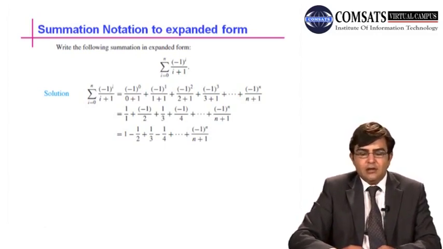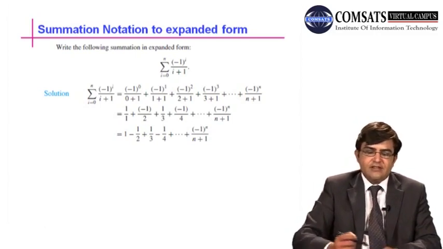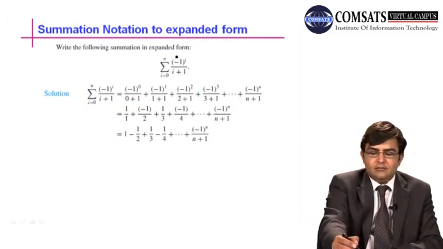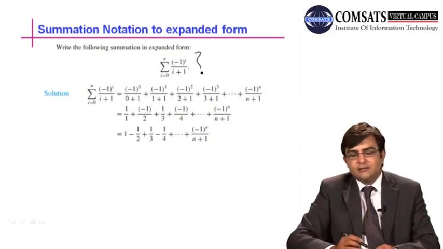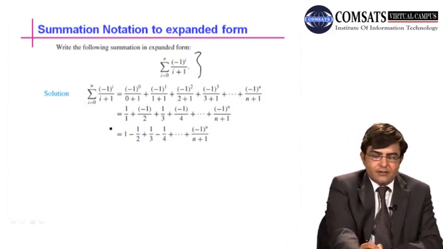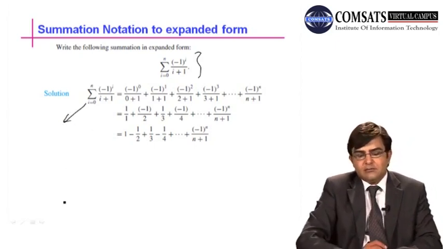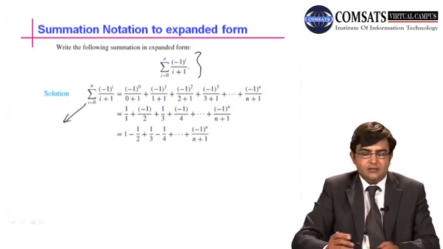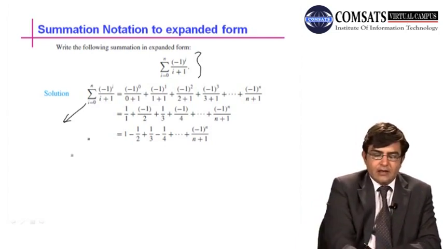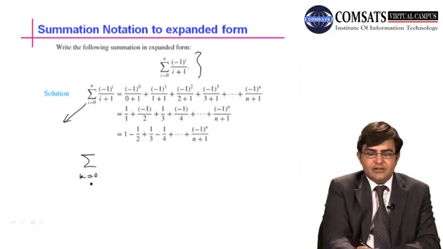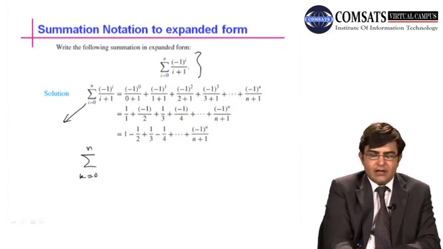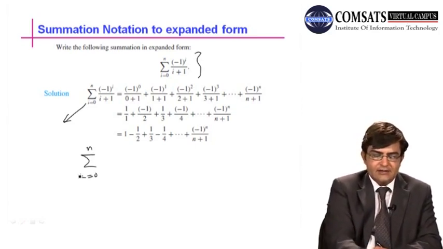This is another example of a summation, which is somewhat more difficult summation notation: summation with I from 0 to n of minus 1 power I over I plus 1. The index of a summation is not important, just as the index of a sequence is also not important. Here we can define it as k from 0 to n, but the index is changed now.